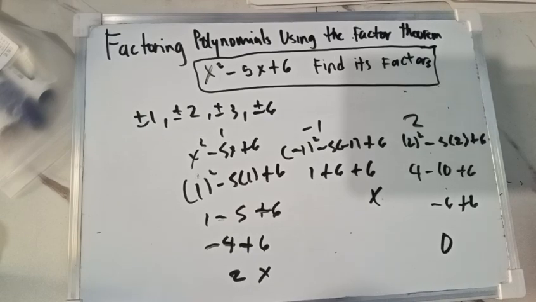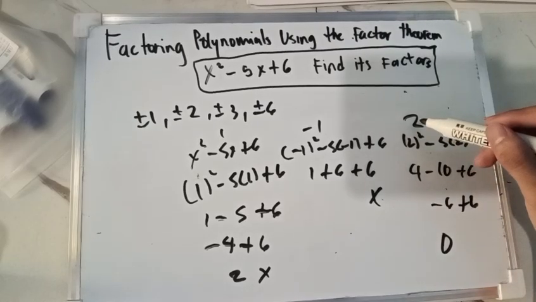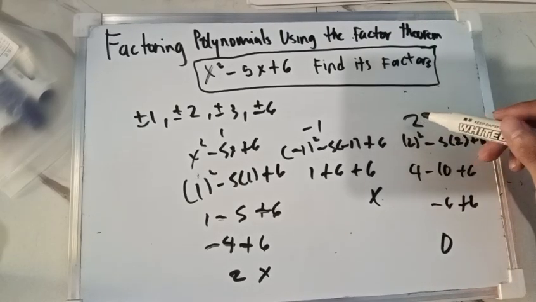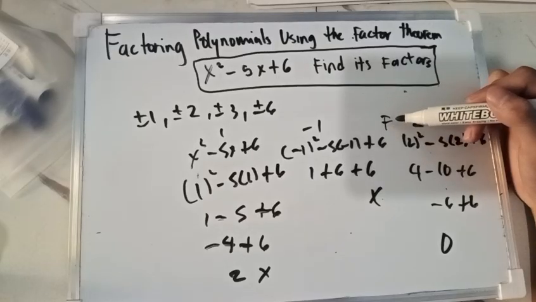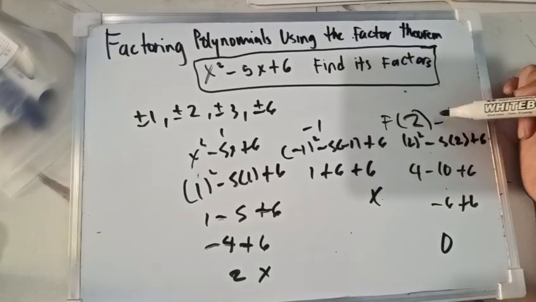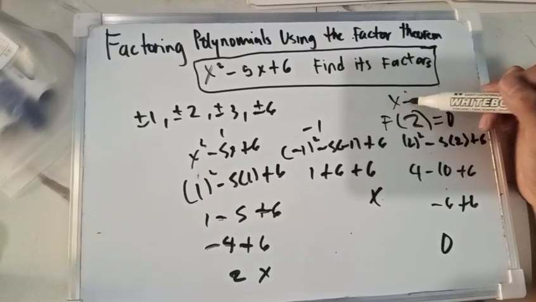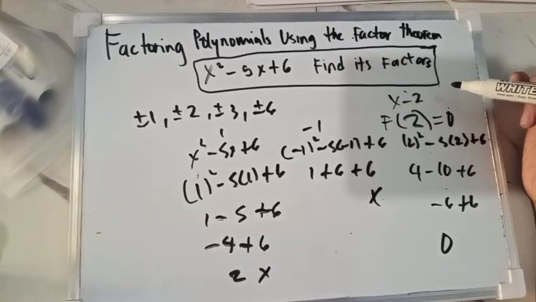So since f of 2 is equal to 0, therefore x minus 2 is a factor. So we find a factor of the polynomial.